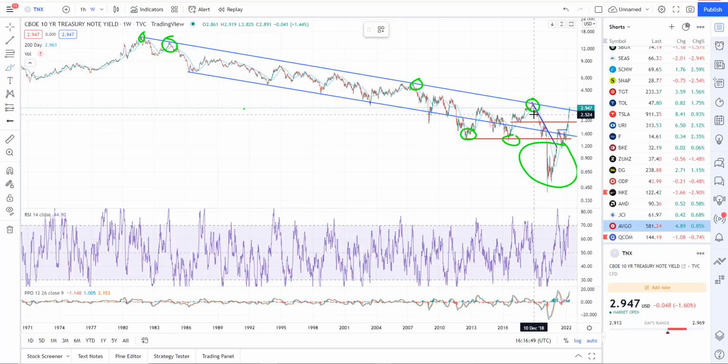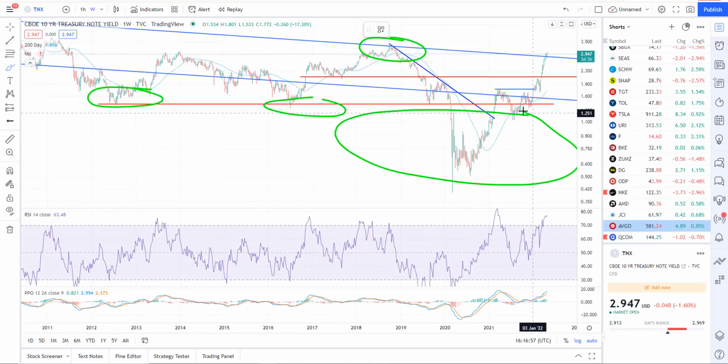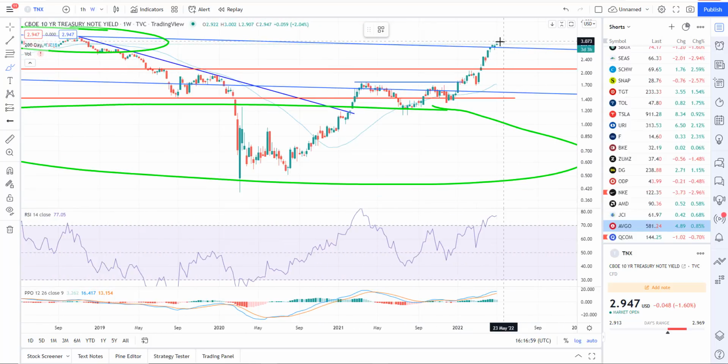So if they break out of this channel and you get a big change in what this means, you're going to start to see big breaks in the financial system across the board. So to me, it tells me that the Fed needs to keep interest rates pretty much capped right here, at least in the short term, cap them here and have interest rates start to come down.